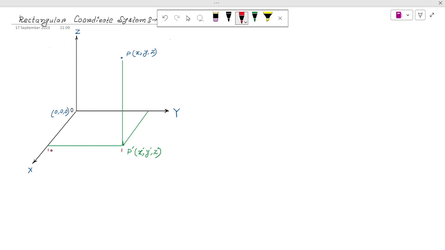Remember what will be the distance. So what will be the value of this distance? Similarly, here will be some distances. What will be the value?